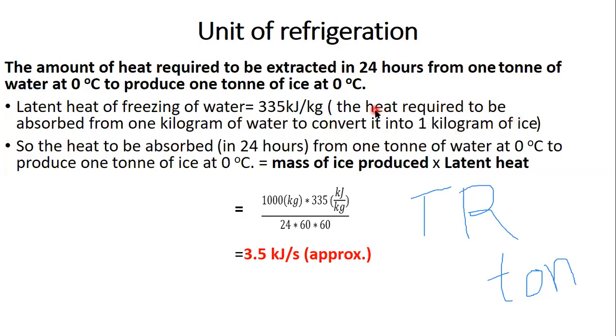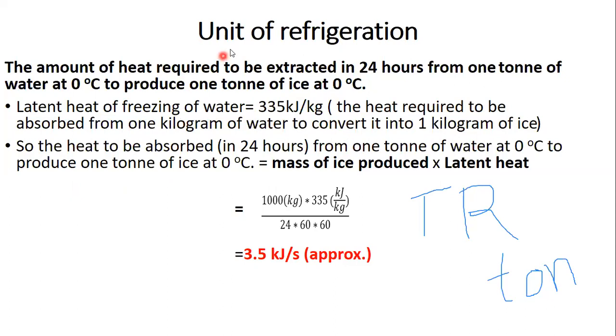In order to convert 1 kilogram of water to 1 kilogram of ice, we need to extract 335 kilojoules of heat from water. So that is the idea.